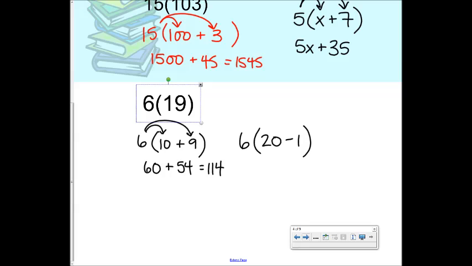Because what's 20 minus 1? 19. So we need it to give us 19. Okay. What's 6 times 20? And what's 6 times 1? And what's 120 minus 6? 114. So you can do it either way.